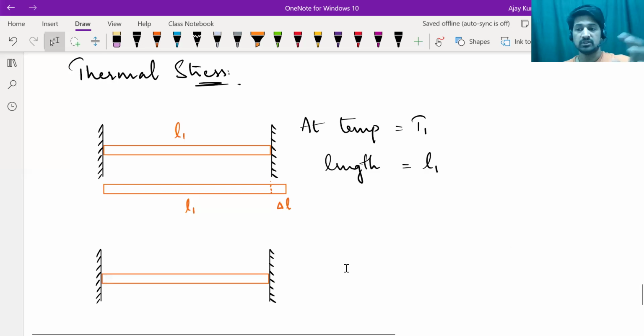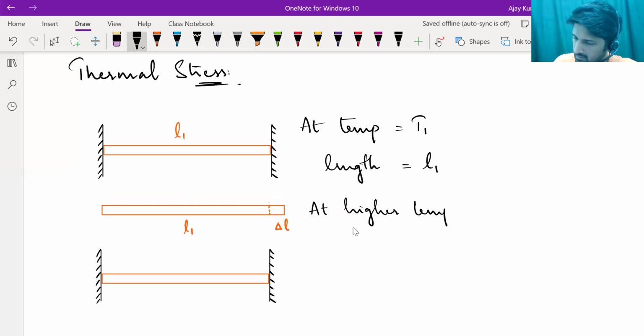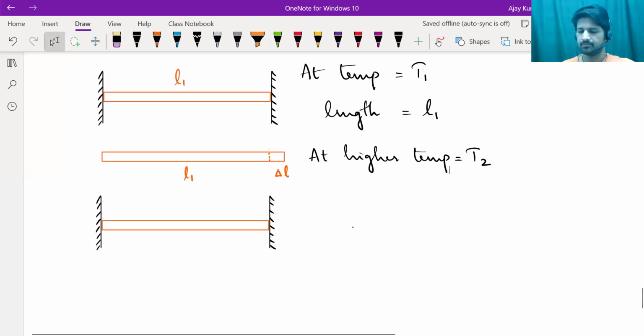So there will be stress developed in it. Now tell me, this new length is at a higher temperature, right? Let's call it T2. We are not allowing it to take that new length.